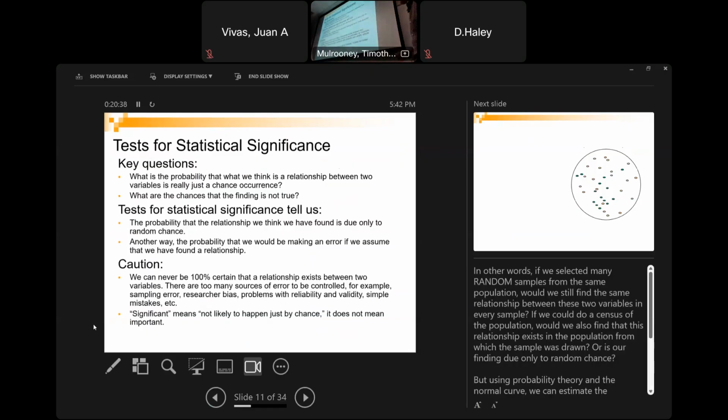So we can never ascertain that there's a 100% relationship between two variables. To me, significant means not likely to happen by chance. What are the chances that this low axis has a median household income of $32,000, while the high axis has an average of $38,000? We went through some statistical tests that'll give us a little p-value, but we can never say they're statistically certain.